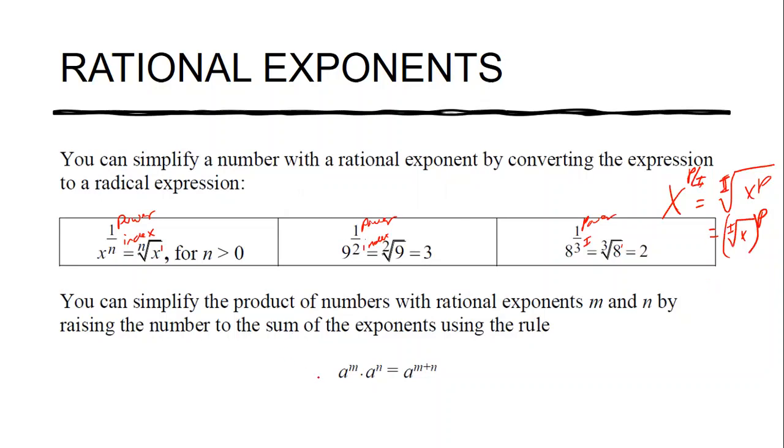All right, now we're going to remember some things from Algebra 1. In Algebra 1, when you have two numbers that have the same base, what do you do with their powers? You add them, okay? When you're multiplying two numbers with the same base, you are adding their powers, their exponents. Do you remember that? All right, that's rule number 1 from Algebra 1 that you should have walked away with.